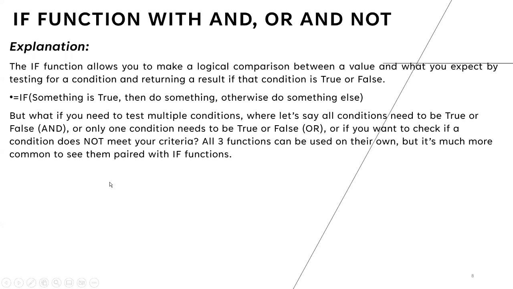But at times you may want to test multiple conditions, where you will say all the conditions need to be true or false, or only one condition needs to be true or false, or you want to check if a condition does not meet your criteria. All the three functions can be used on their own. That means you can use them even without if, but it is very common to use them paired with the if function. It makes the formula a little more presentable and easy to understand.